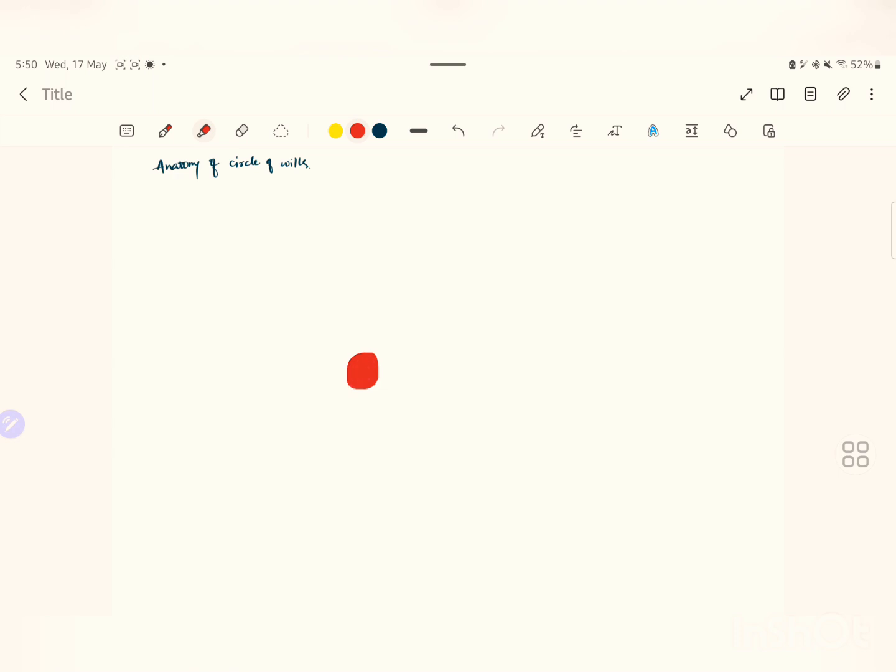It is formed by bilateral internal carotid arteries.